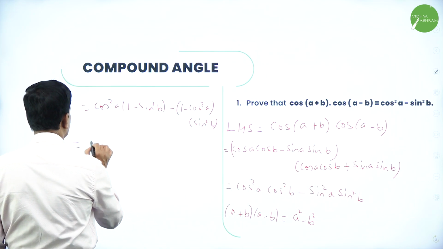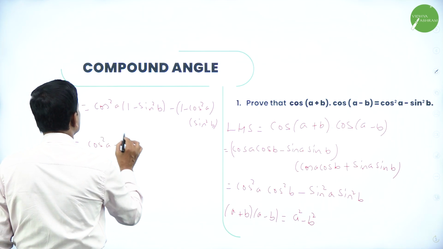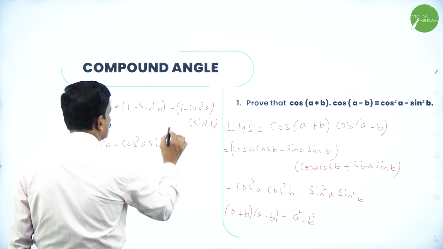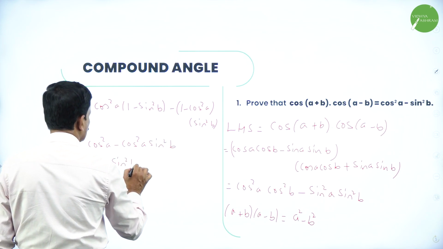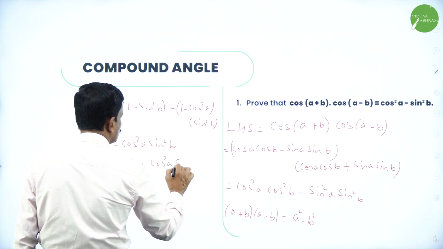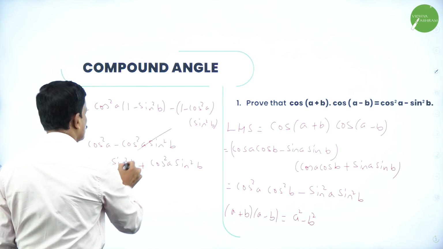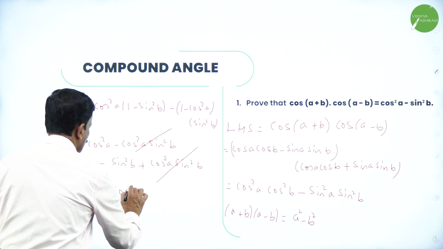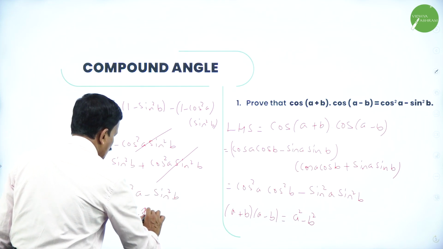Cos square A into 1 is cos square A, minus cos square A into sin square B. Again multiply by minus sin square B, minus into minus plus cos square A into sin square B. Now cancel the terms which get cancelled. So minus cos square A sin square B plus cos square A sin square B gets cancelled. What is left over is cos square A minus sin square B, which is the required RHS.